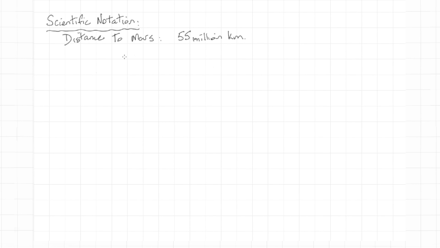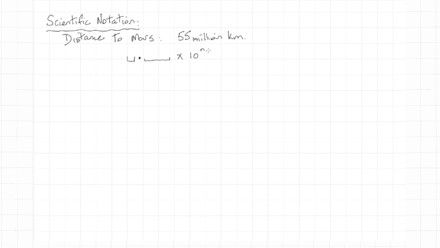Now, scientific notation is expressed as a single digit, a decimal place, and then another series of digits in decimal places, multiplied by 10 to some power. So we'll just call it n.